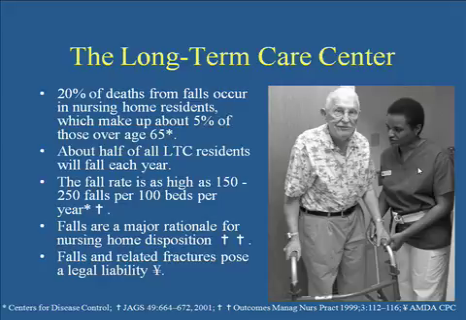So it's a pretty high fall rate with many people falling repeatedly. Many of the people who live in long-term care settings are there because of falls, so they are a group of people at especially high risk. And sadly, for those of us who work in these settings, falls and related fractures do pose a legal liability for us.